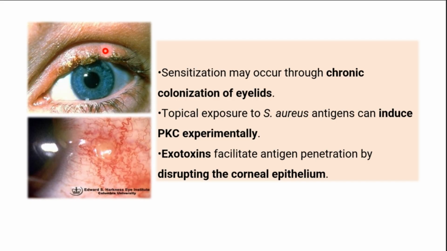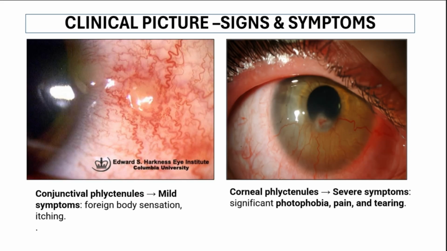So this chronic blepharitis can lead to continuous exposure of the cornea and the conjunctiva to Staph aureus antigens, and this can induce the development of Phlyctenular keratoconjunctivitis. Moreover, the staphylococcus have these exotoxins which facilitate the antigen penetration by disrupting the corneal epithelium. So that is something that you must remember.